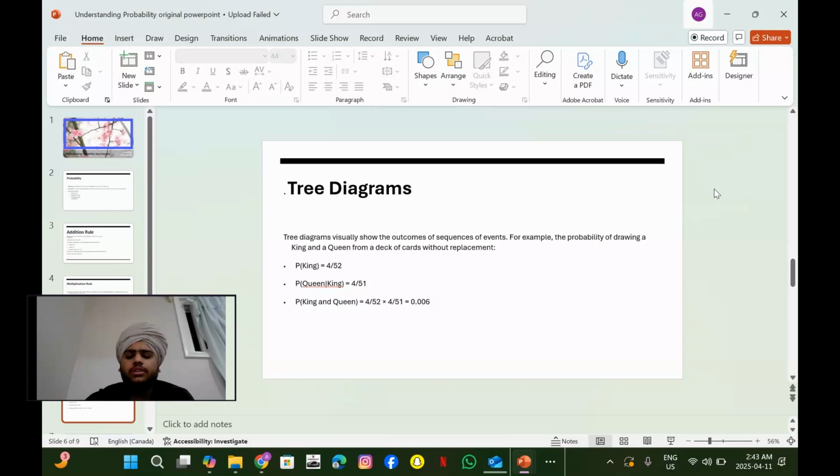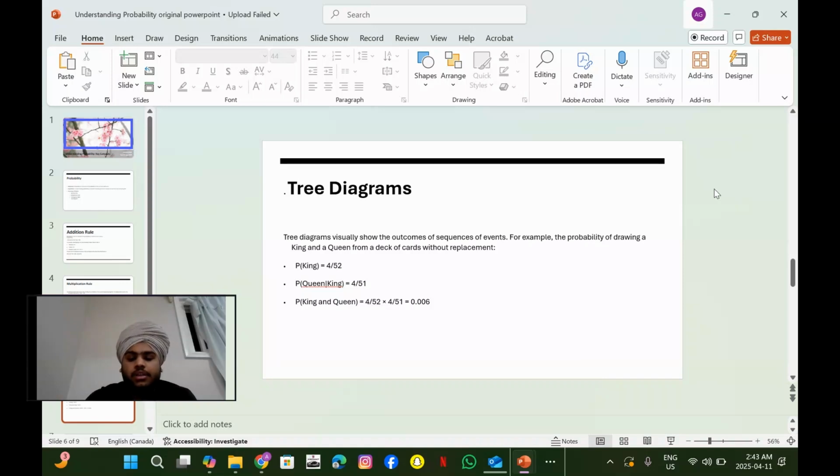The first branch represents drawing a king. There are four kings in a deck of 52 cards, so the probability of a king is 4/52. If you draw a king, there are now 51 cards left in the deck. The second branch represents drawing a king after drawing a king.